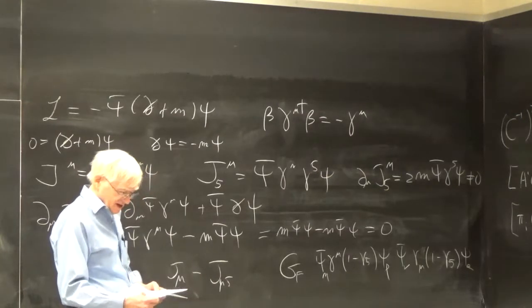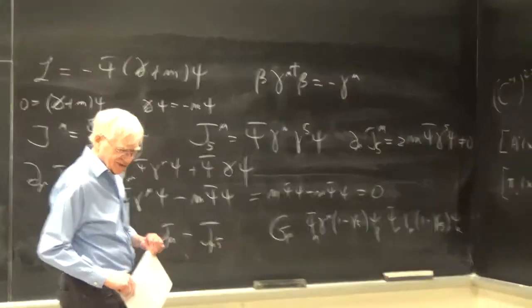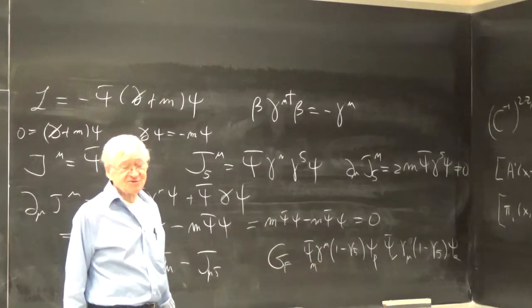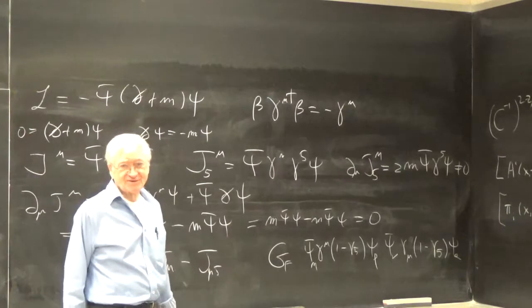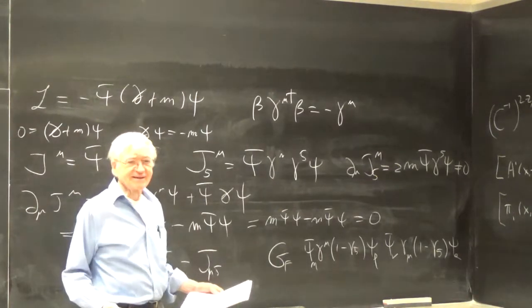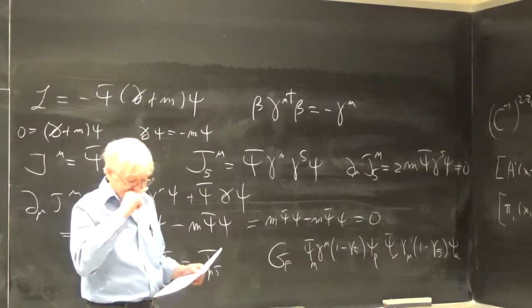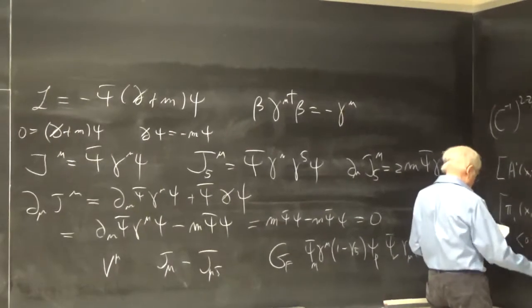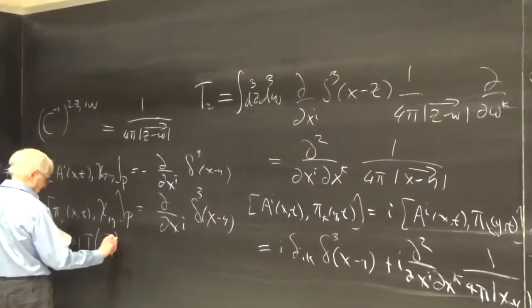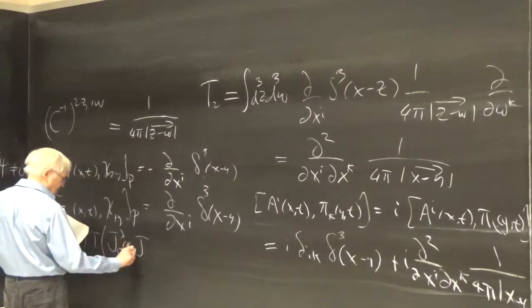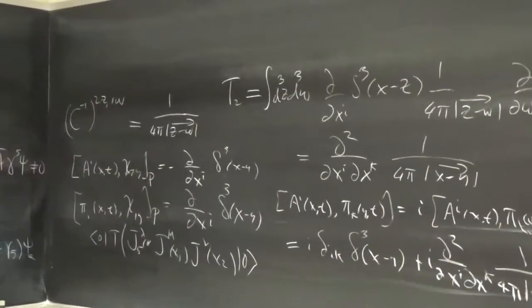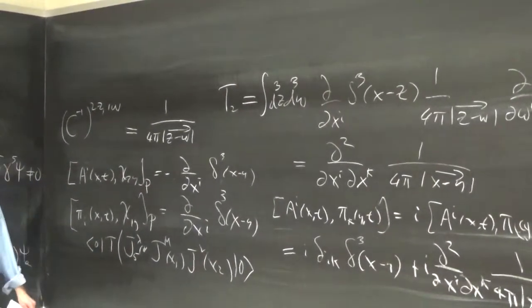I wish I knew more of the details, but a certain person, I'm terrible with names, went on to win a Nobel Prize in experimental high energy physics, but he started out at Columbia as a theory graduate student, and T.D. Lee gave him as a thesis problem working out basically this time-ordered product of 3 currents, J5 lambda at 0, J mu at x1, J nu at x2, where these are the currents that I wrote down.